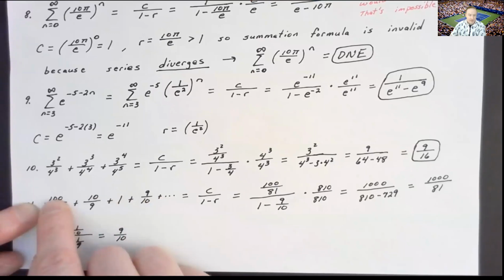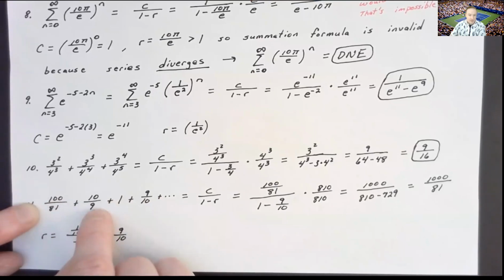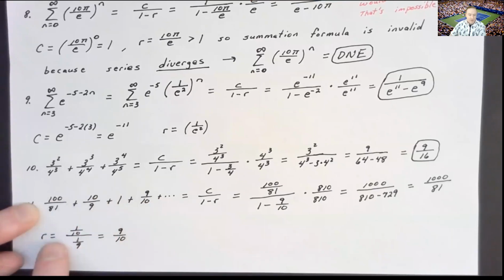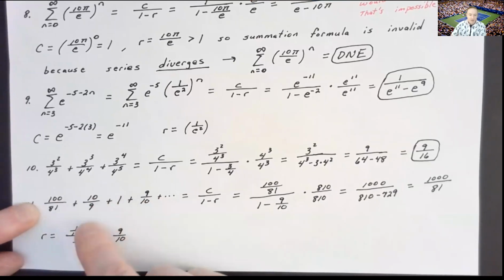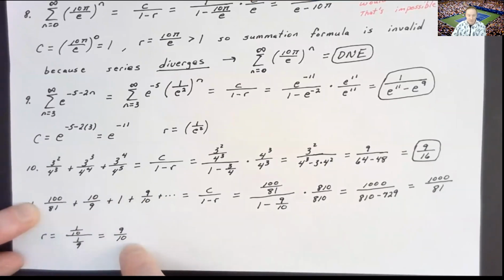I would have to multiply this numerator by 1/10, and I would have to multiply the denominator by 1/9. So I was thinking of it as this. I said, well, I have to multiply the numerator by 1/10 and the denominator by 1/9. But then I said, but if you divide by a fraction, you multiply by the reciprocal of that fraction. So this is 1 over 10 times 9 over 1, and I got the common ratio of 9 over 10.